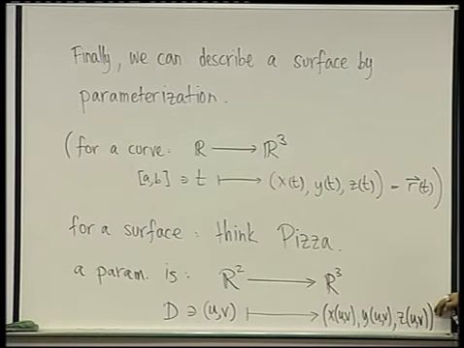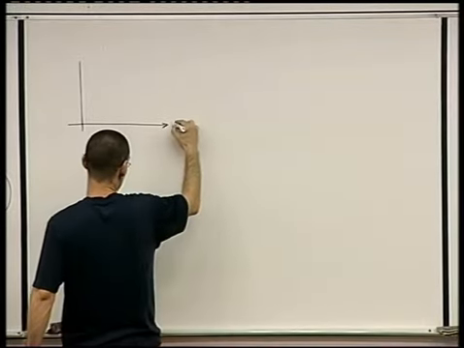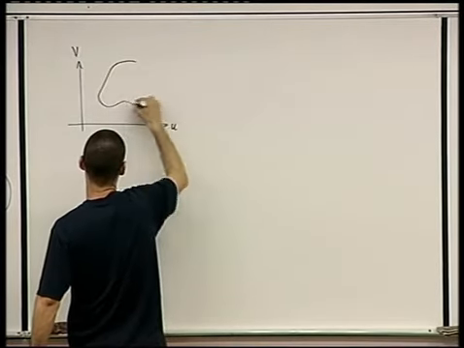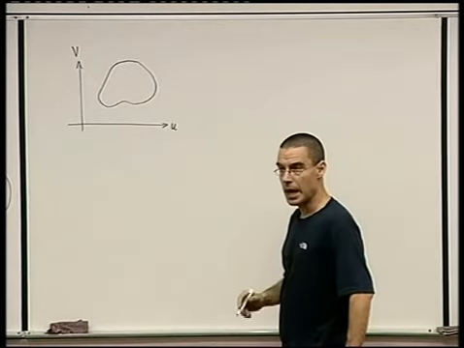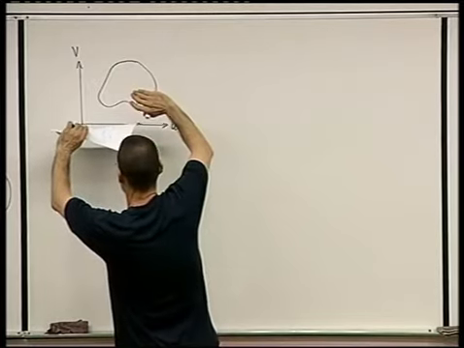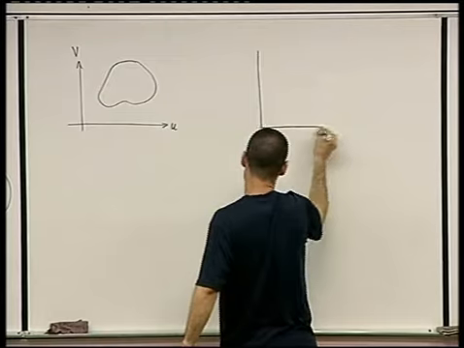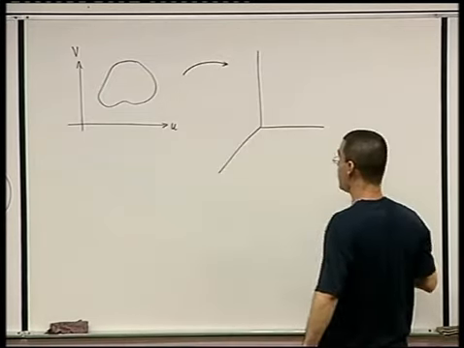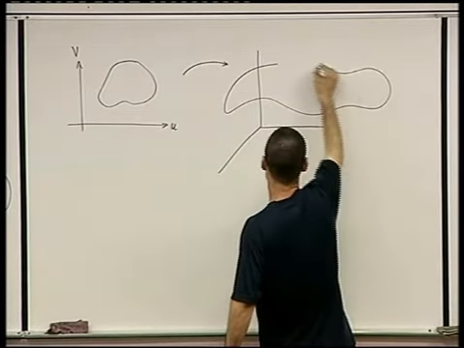Okay? Pictorially, we're taking some domain in R2. This is u and this is v. And we have some domain here. This is the dough sitting on the table. And the pizza guy takes the dough, spins it in space, and this is the parametrization. What we get in three-dimensional space is something that looks like this.